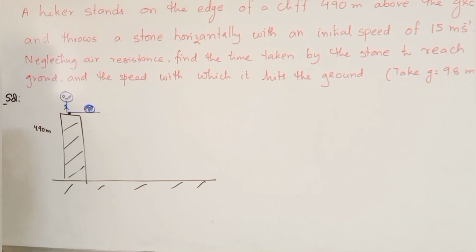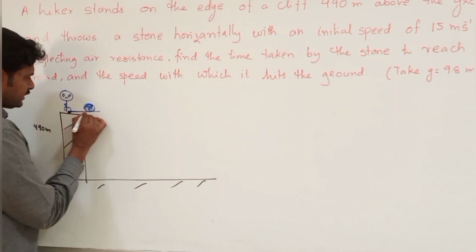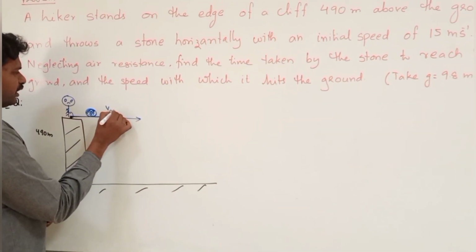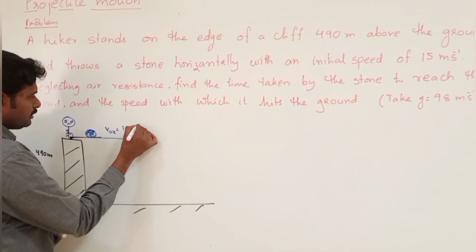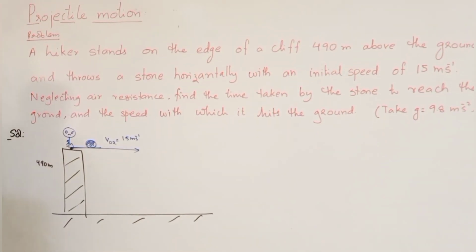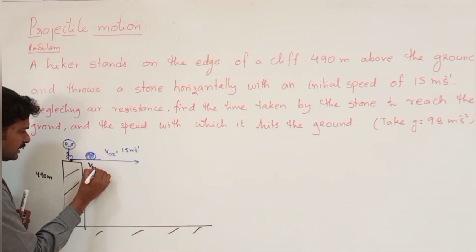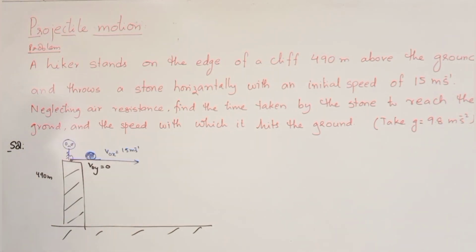Right. Standing at that height, he throws it horizontally with an initial horizontal speed of v naught x equal to 15 meters per second. When it is thrown in a horizontal direction, what is the velocity along the y direction? Simply 0. Now after some time what happens?